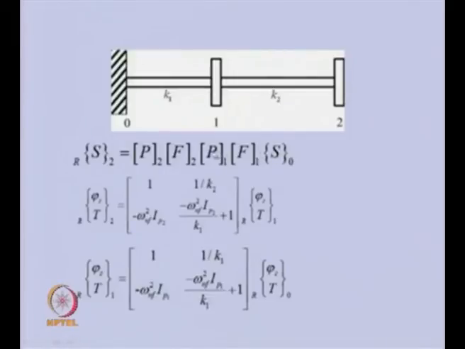So this is the overall transfer matrix, which is the multiplication of P1 and F1 for the first shaft segment, and P2 and F2 for the second shaft segment.